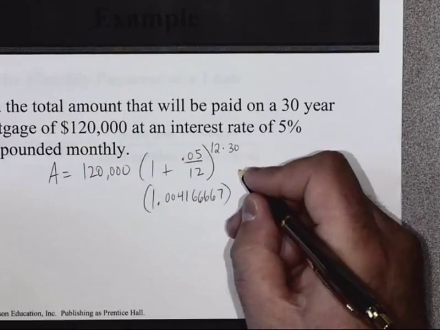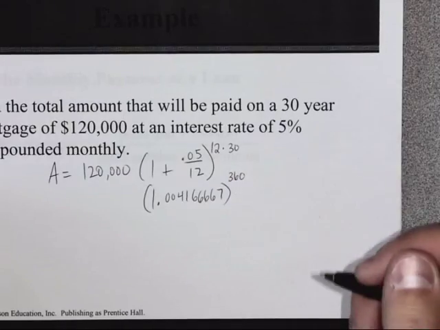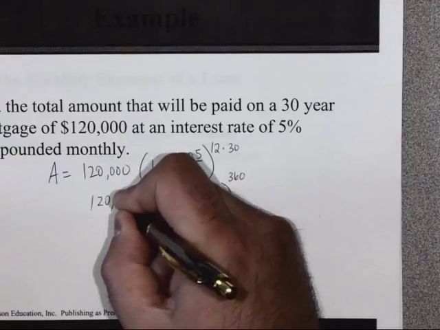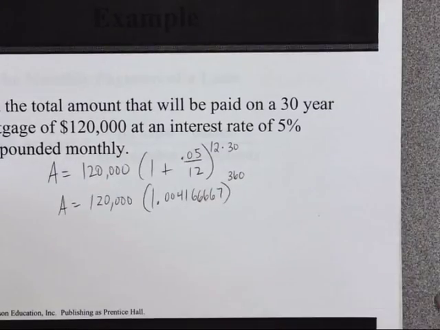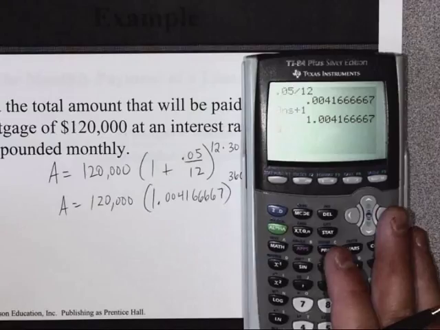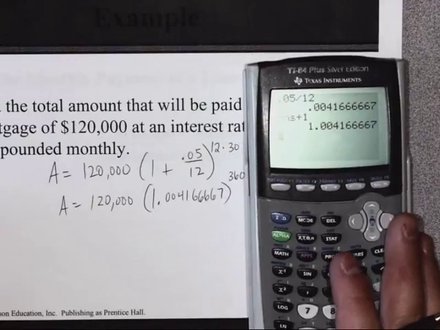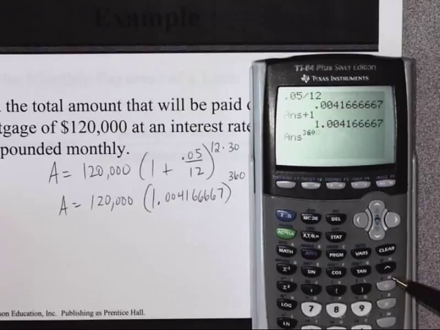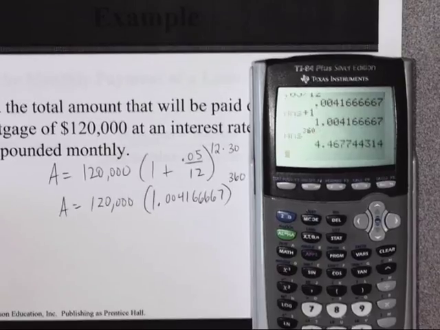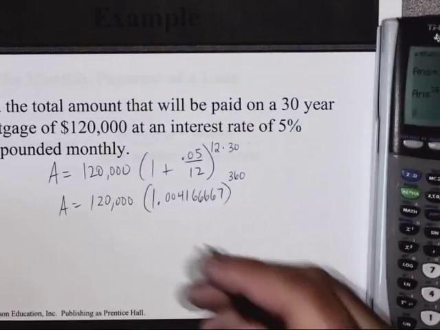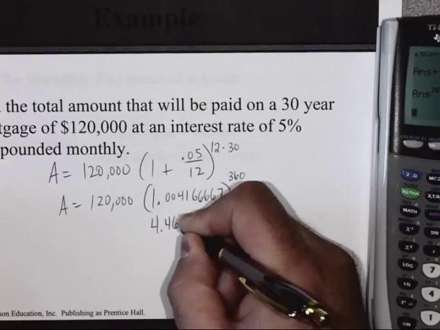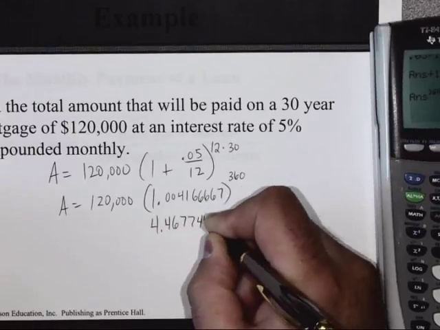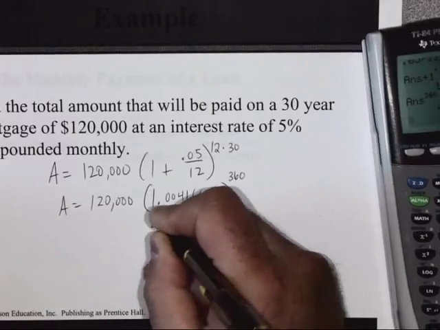And then 12 times 30 is going to be 360. Okay. So then I want to take that to the 360th power. So notice I just hit the exponential button, the caret, and that used the previous answer. So to the 360th power, I get 4.467744314, and I don't want to round any of that.